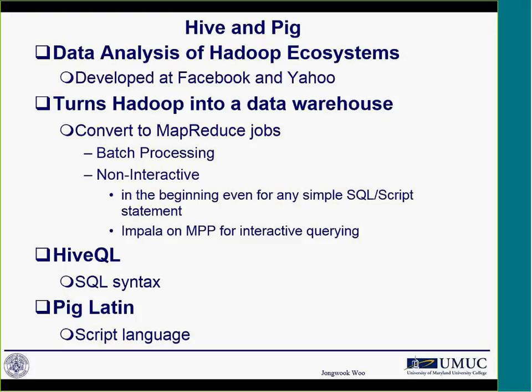Okay, and the basic idea of Hive and Pig is, if you use MapReduce, you have to write Java code to build the map and reduce functions. So it is really hard to build data-related applications. So Facebook and Yahoo started building a new system that is much easier and much faster to write code.